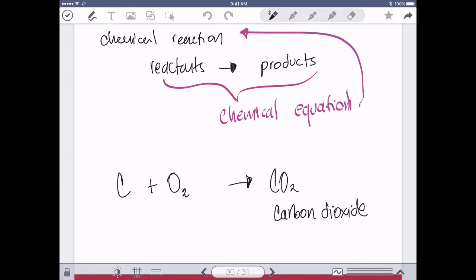So carbon plus oxygen form carbon dioxide. Now the plus could be read as reacts with. So carbon reacts with oxygen to form carbon dioxide.